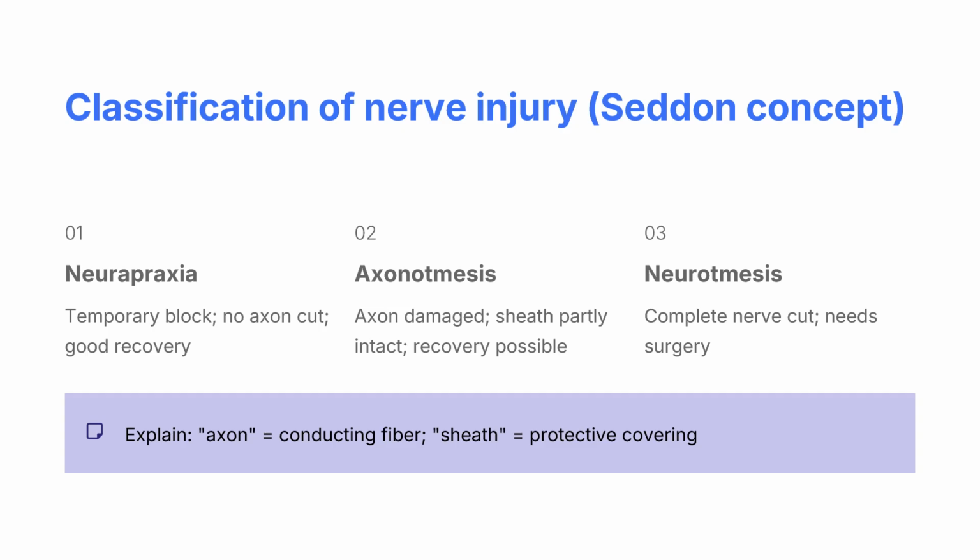Praxia means compression. Axonotmesis involves axonal damage, but the sheath is intact and recovery is still possible. Neurotmesis is the severest type. That means a complete nerve cut. Neurotmesis will never recover without surgery, because the two ends where the cut happened have to be rejoined, re-anastomosed.